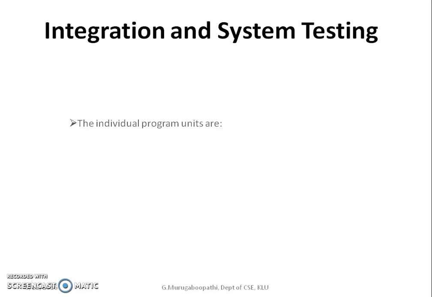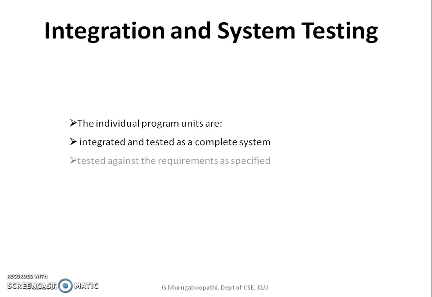In integration and system testing, individual program units are integrated and tested as a complete system, tested against the requirements as specified. After testing, the software project can be delivered to the client.